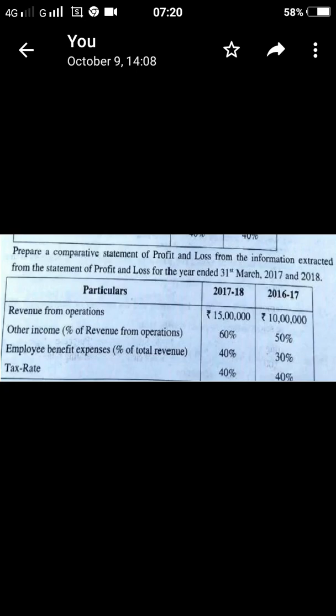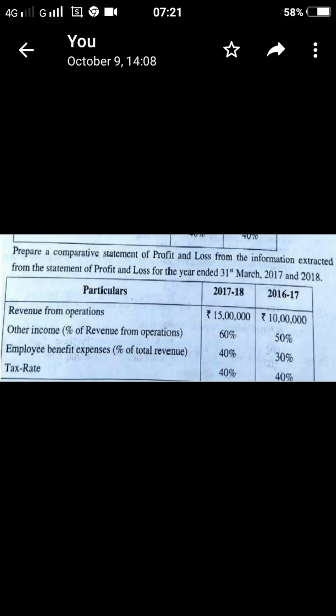We have to prepare a comparative statement of profit and loss from the information extracted from the statement of profit and loss for the year ended 31st March 2017 and 18. These are the various information given for 2 years.